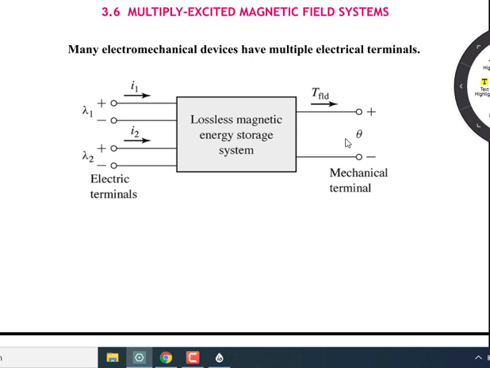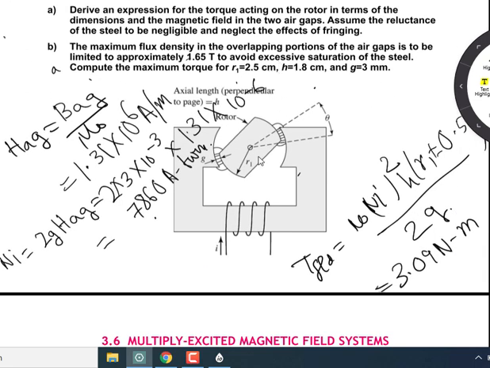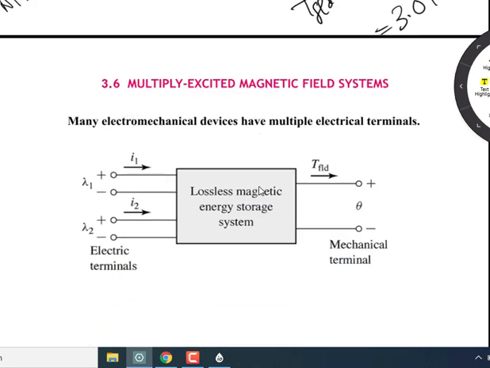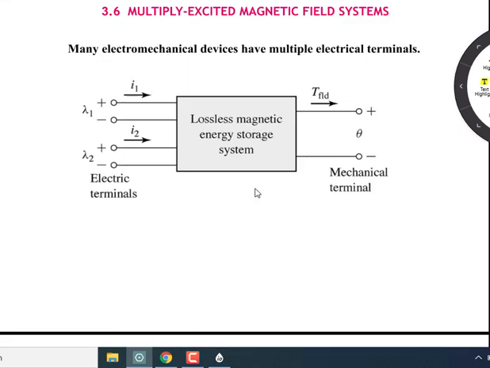Now we can see that if we consider it representing a rotary motion, just like the previous example, where this one was not excited, we can also put some wire on this structure and have a doubly or multiply excited system, right?